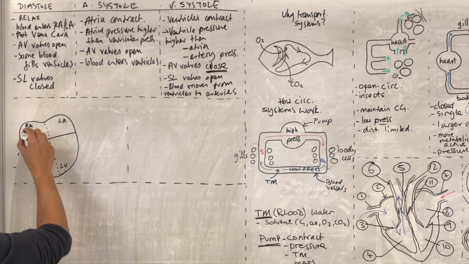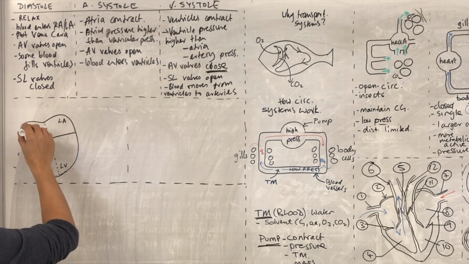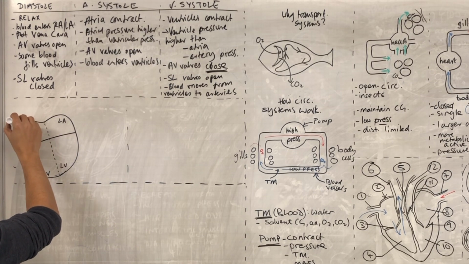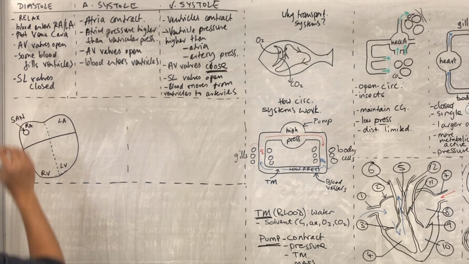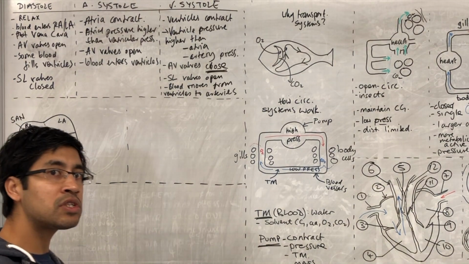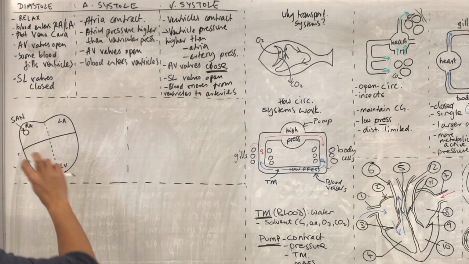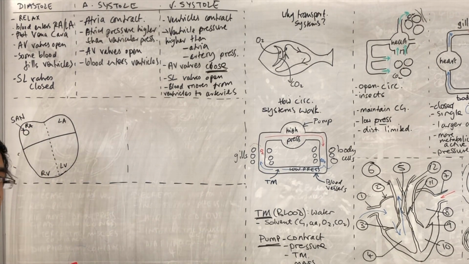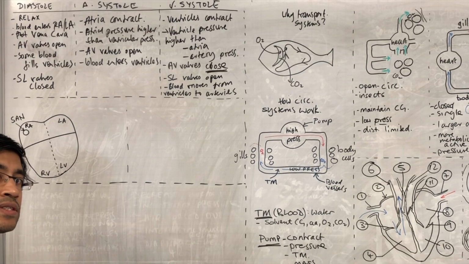Okay, now in the wall of the right atrium, you know that there is that structure called the sinoatrial node. Okay, it's a myogenic little differentiated bit of the atria, which is specialized so that it has its own rhythm of contraction set.